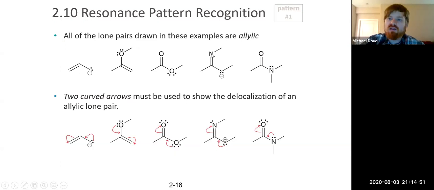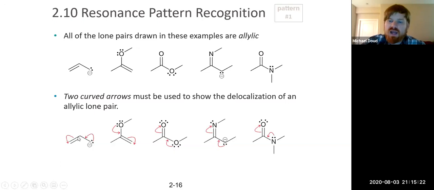Because they're in an allylic position, they actually have resonance. In order to show this resonance, you have to use two curved arrows to show the delocalization. Let's start from the left and look at the carbanion first. For this resonance structure, the first thing that happens is the allylic lone pair is going to form a new pi bond between the carbon that it's on and the earlier vinyl carbon here.